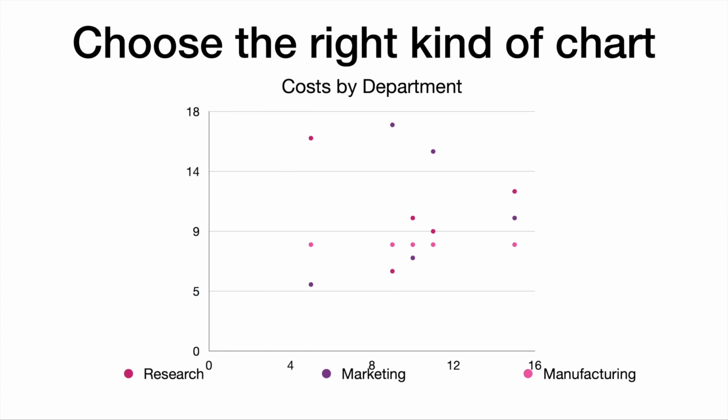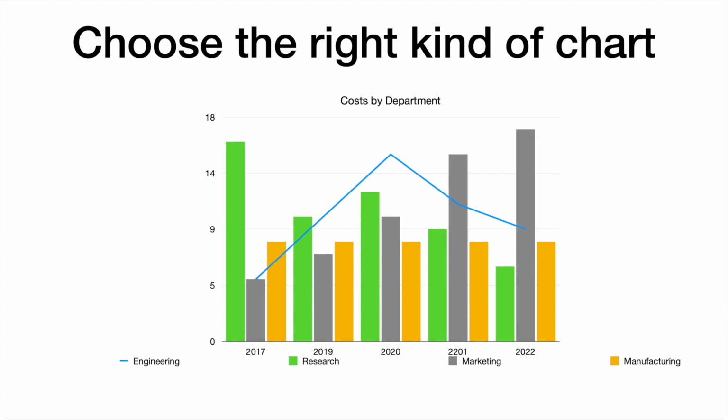Here is a scatter plot, which is totally meaningless. The information here is just pointless. It reveals nothing. Here we have a mixed chart, which, there may be scenarios in which that's useful, but for the information we're looking at here, it's not useful at all. It doesn't really help. It just confuses things.